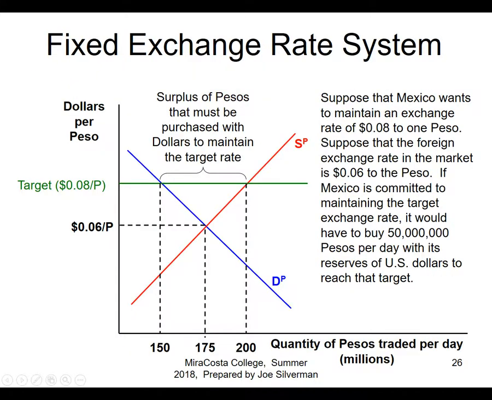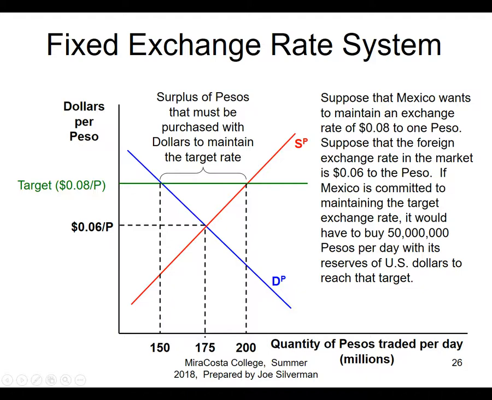Does that make sense? All right, so how would a country that has a fixed exchange rate system manage to maintain that? So let's go back again to the pesos and dollars. Imagine that the exchange rate between the peso and the dollar in some kind of a parallel market.